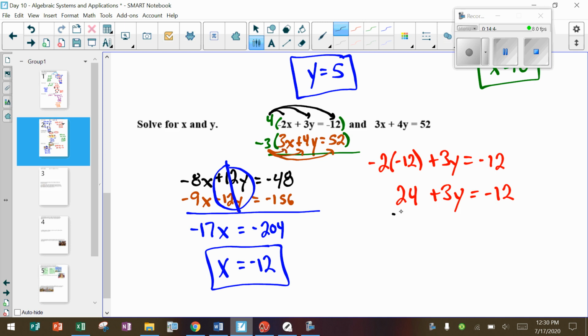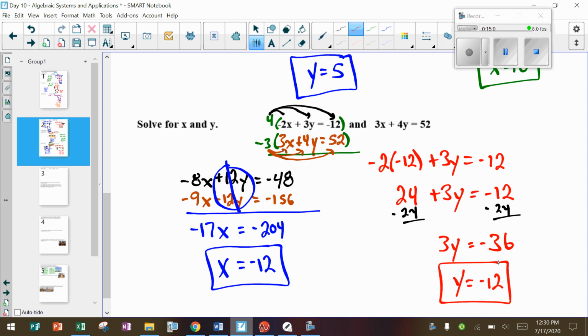Since I am subtracting the 24 from a negative 12, negative 12 minus 24 more will be negative 36. And negative 36 divided by 3 is back to negative 12. So our answers are x is negative 12 and y is also negative 12.